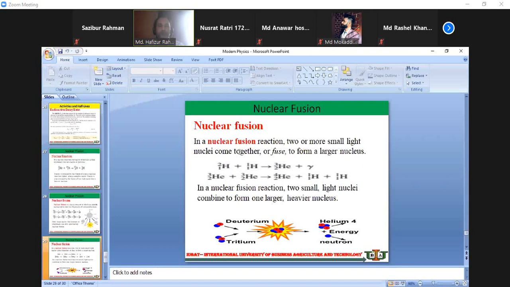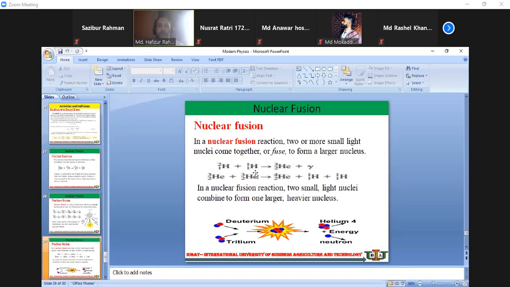So in a nuclear fusion reaction, 2 or more small light nuclei come together or fuse. Previously we have seen fission happens to very heavy nuclei and fusion happens to small and light nuclei. Fuse means they combine with each other and form a larger nucleus.